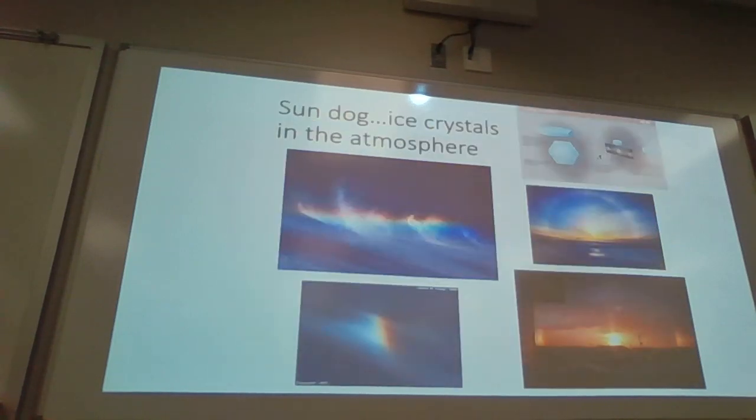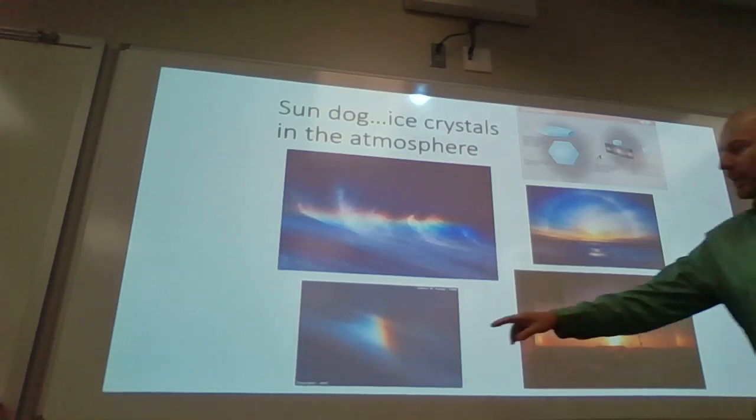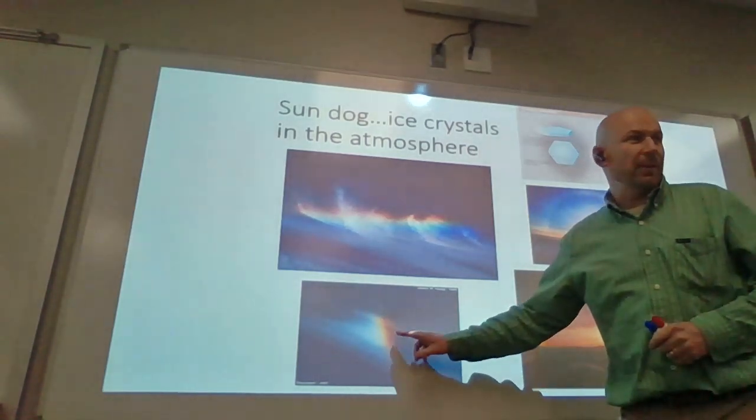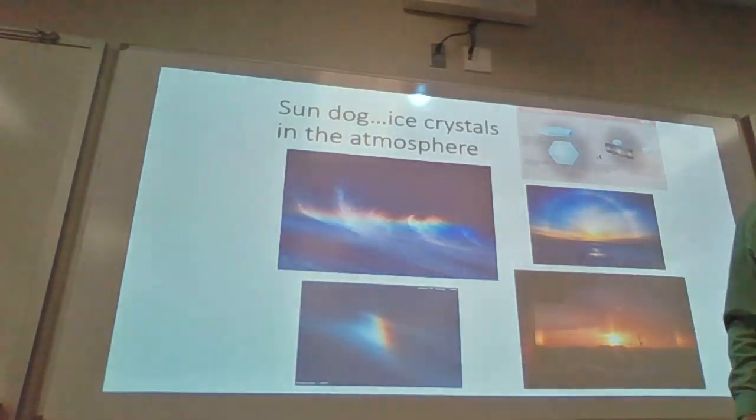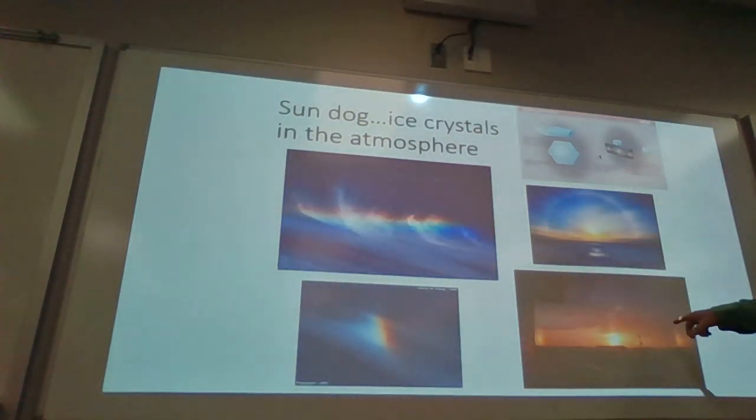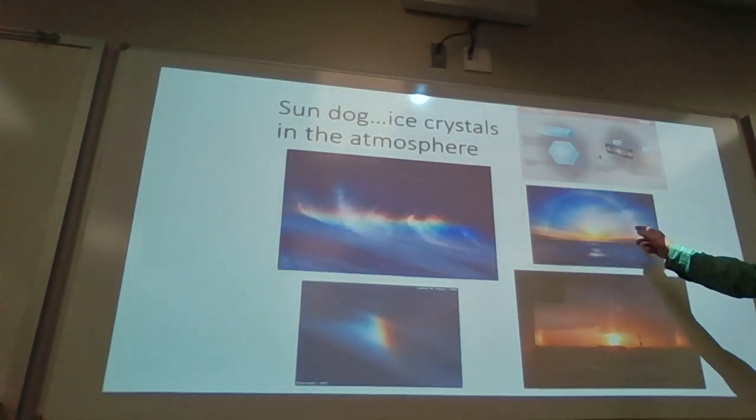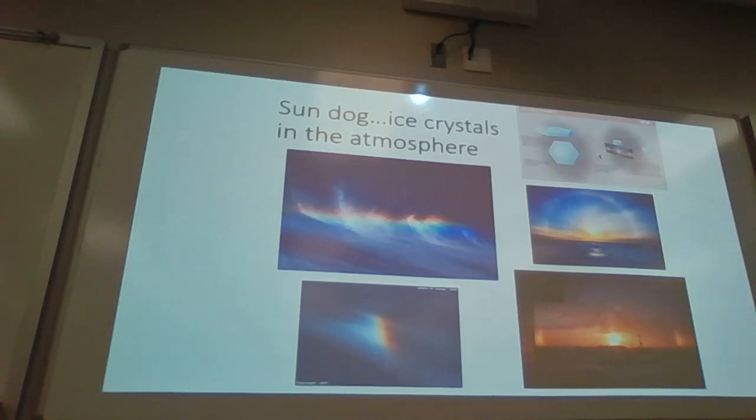All right. So sundogs. These are also due to refraction, but this is a different geometry because of their ice crystals. So you'll see these in the fall or the winter time when it's colder. I've seen these frequently in the sky, and you actually look towards the sun to see these.